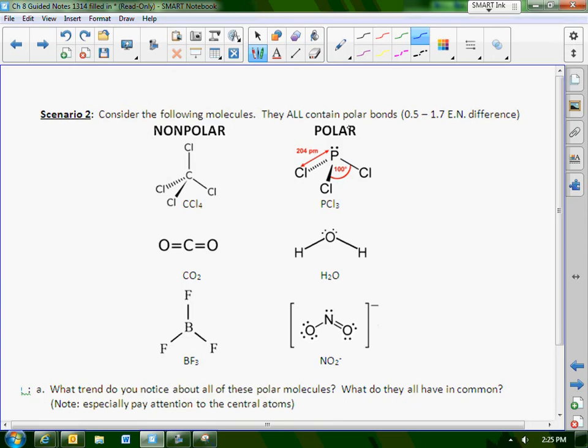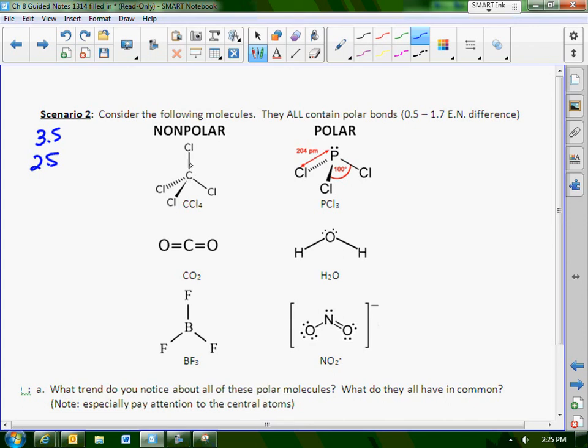This one, they all contain some sort of electronegativity difference, so they have the potential of being polar. Here, the electronegativity of Cl is 3.5 and C is 2.5, so the difference is 1 for all of these.